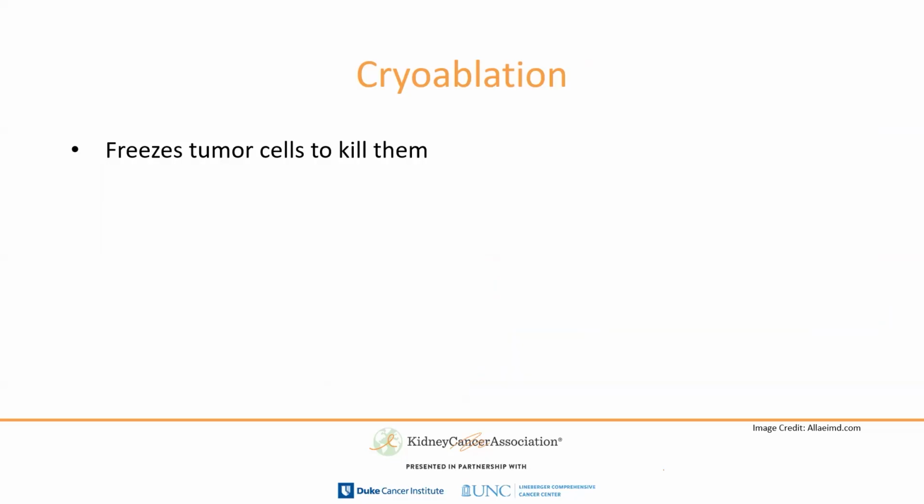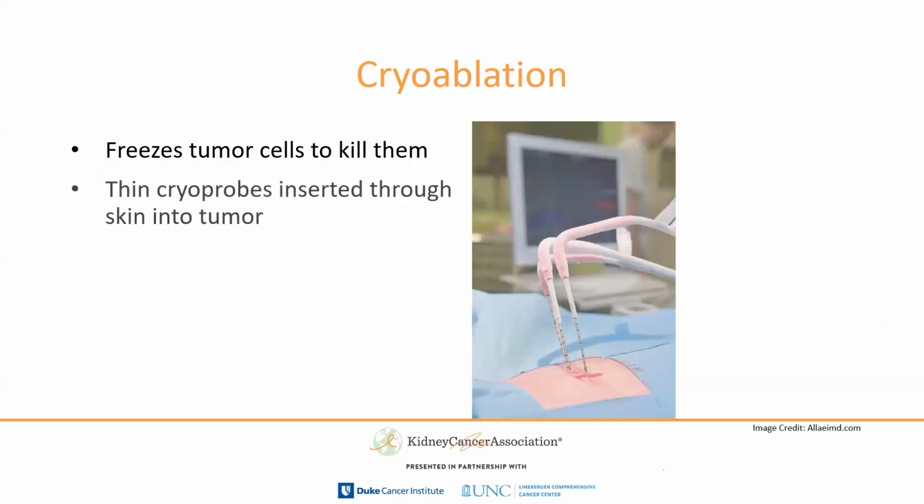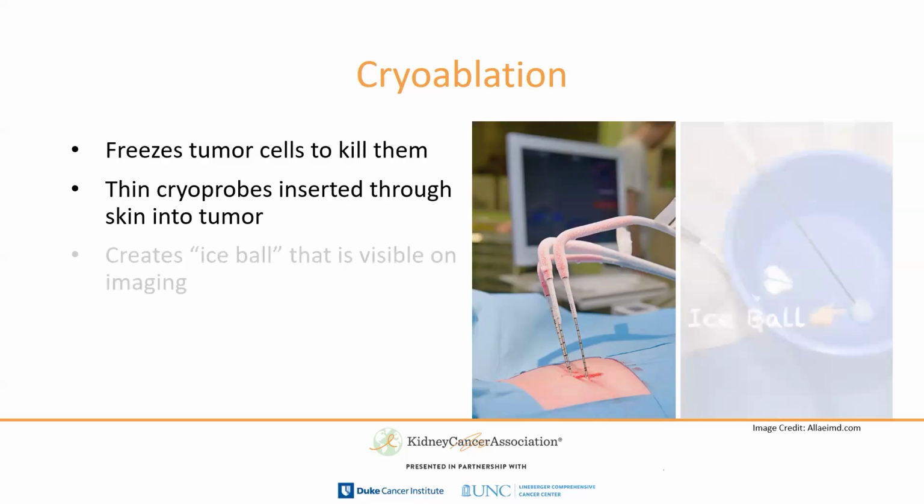Cryoablation is freezing the tumor cells with the goal of killing them. It's done by inserting thin cryoprobes or specialized needles through the skin directly into the tumor. And there's an example of what that looks like on the table when the patient has the needles in.